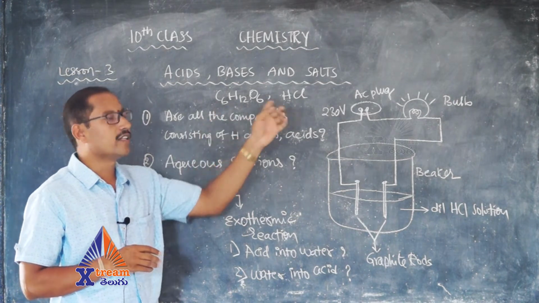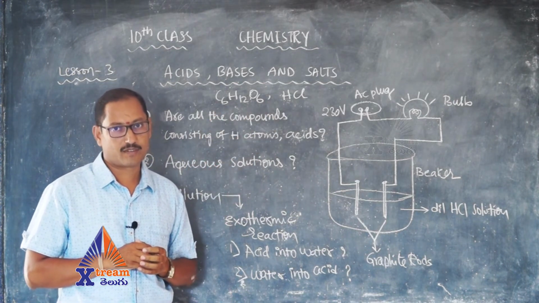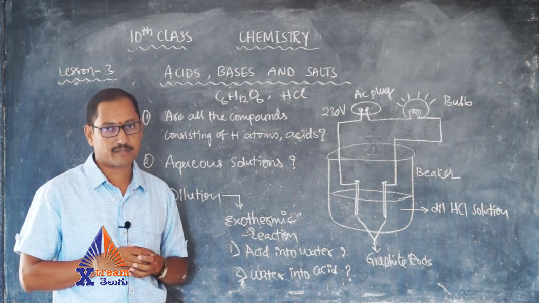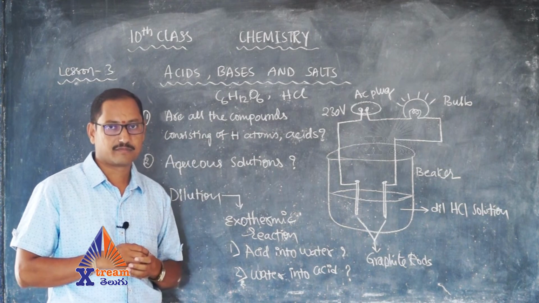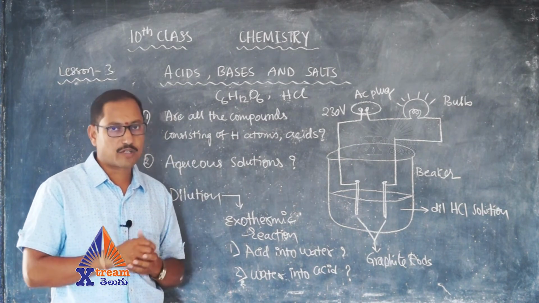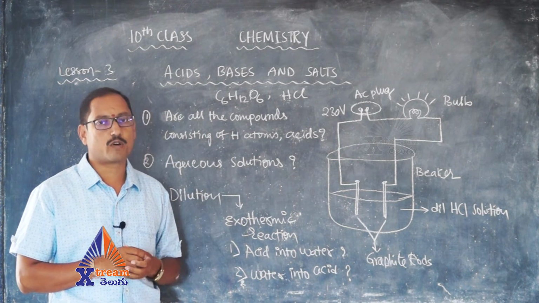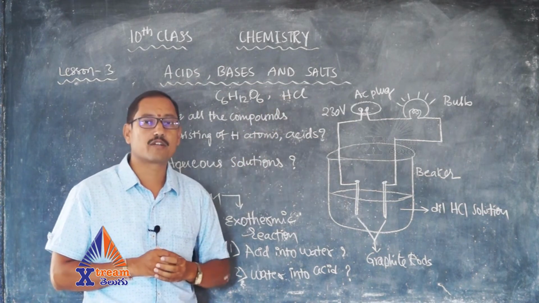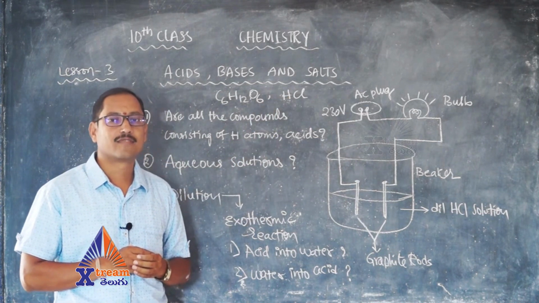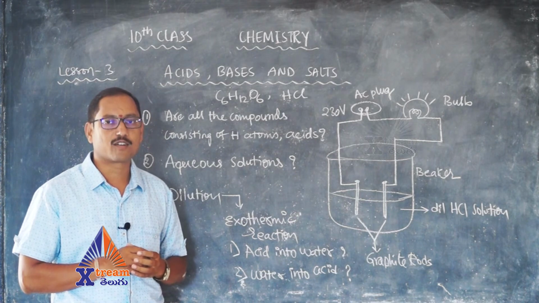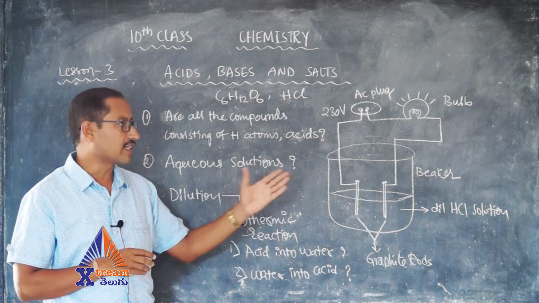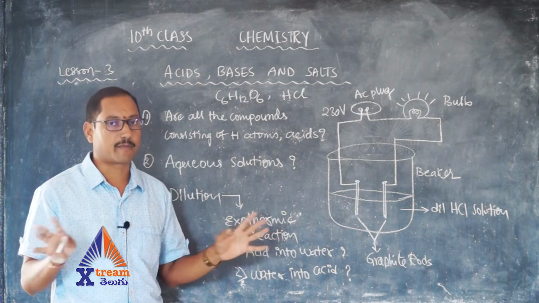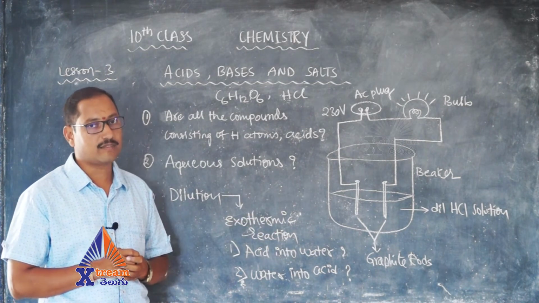Here we are taking only two materials or two compounds. One is starch. Prepare starch solution by mixing starch into water. Second one is hydrogen chloride, HCl. Make a dilute solution of HCl also. So do this activity with each solution separately. What is that activity?